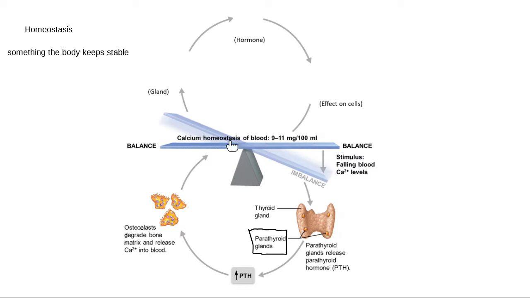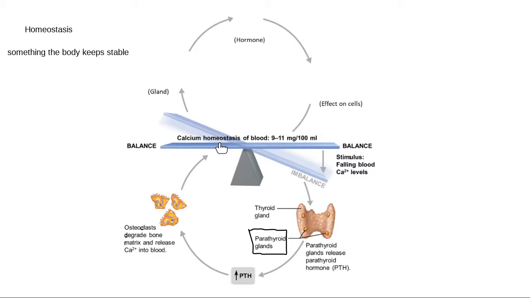I need it right now. So osteoclasts get this message, parathyroid hormone. It attaches to the receptors on their surface. In a way, it activates them. It causes them to kick into gear. They're going to break down some bone tissue and bring the calcium back up.